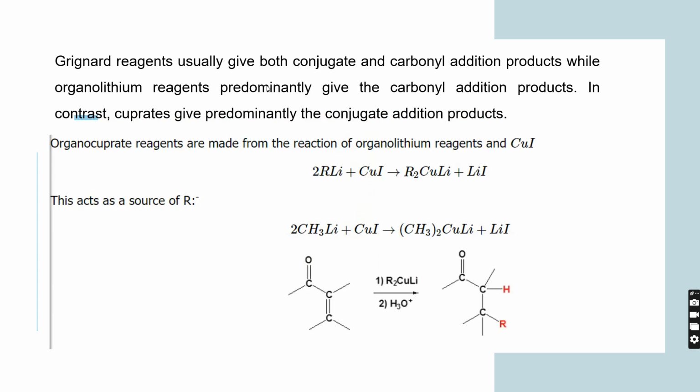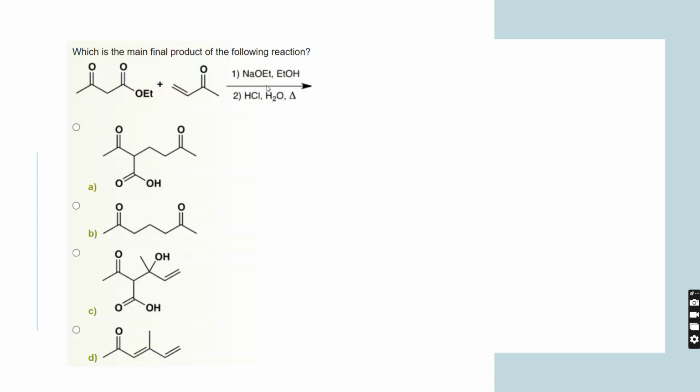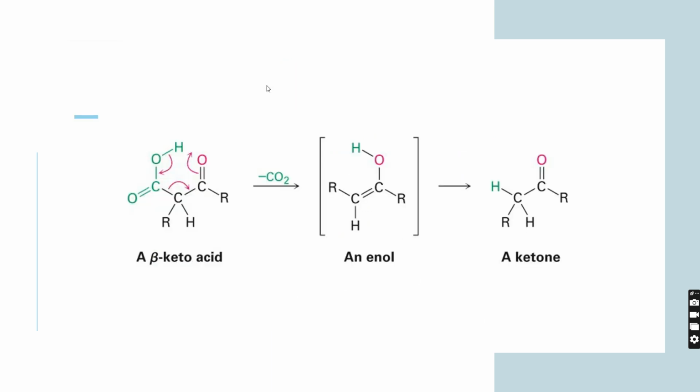We also discussed how these organocuprates are formed, and then we had this question from the condensation topic, and we again revised the concept of decarboxylation of beta keto acid.